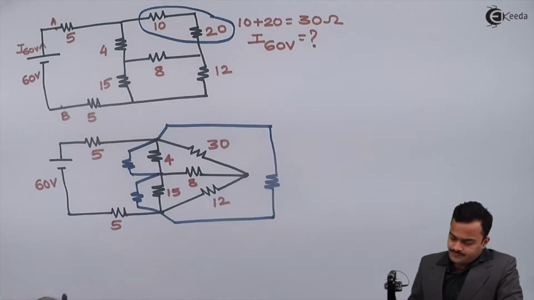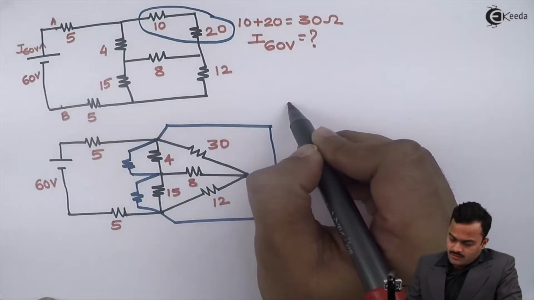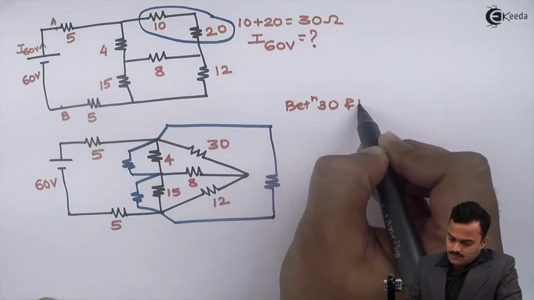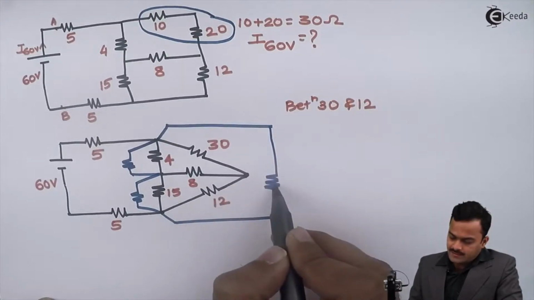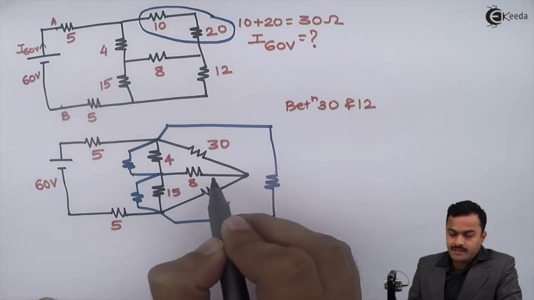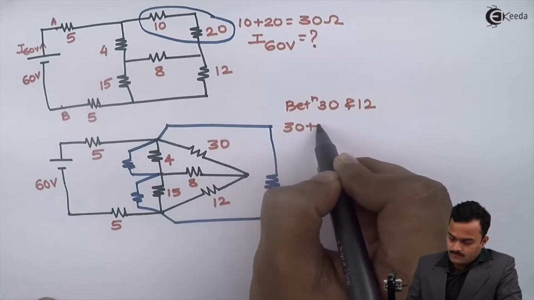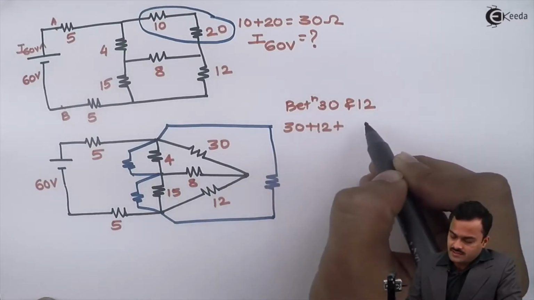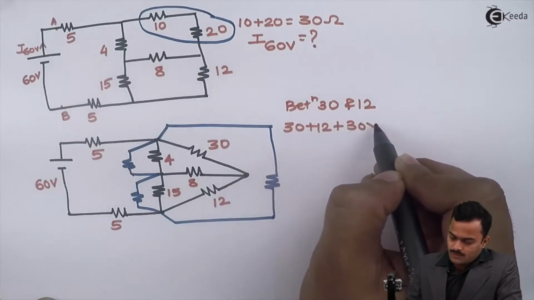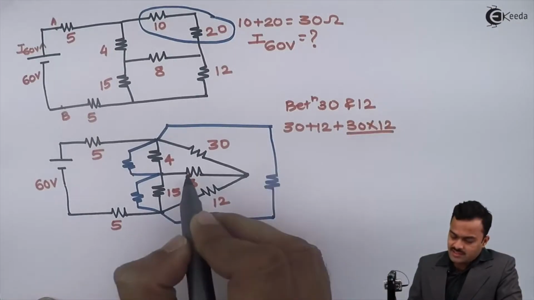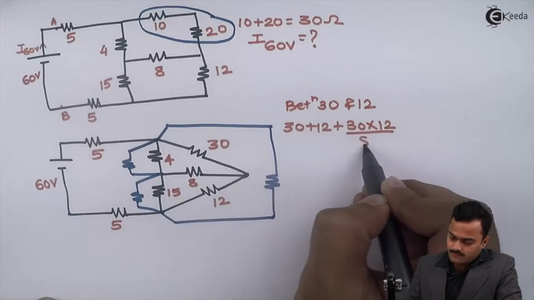So now between 30 and 12, I will consider this resistor. I am converting star to delta. So addition of two resistors plus multiplication of the same two resistors divided by third resistor.